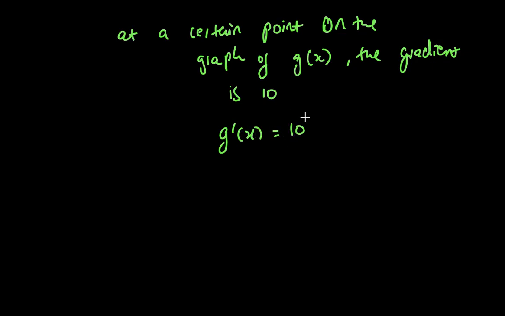This means the gradient is 10 at a certain point. Mind you, on that point I do not know what x is, I don't even know what y is, so that's why we just write it like this.